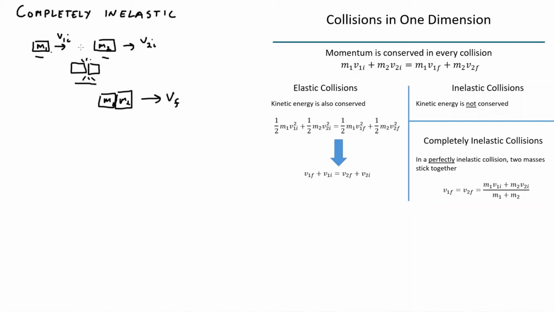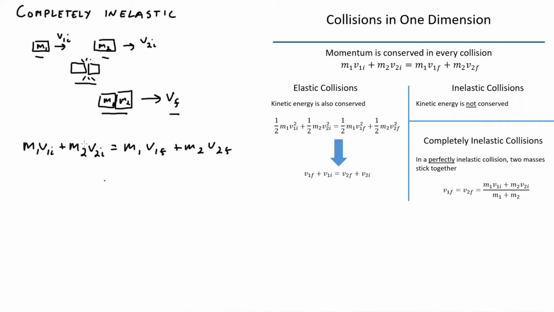This is where my two masses, m1 and m2, collide and stick together. So after the collision, they form a single mass, m1 plus m2, with a single velocity v final. So to solve for what this v final is, all we need is conservation of momentum. We know that m1 v1 initial plus m2 v2 initial equals m1 v1 final plus m2 v2 final.